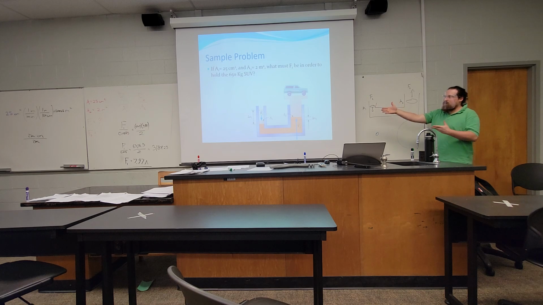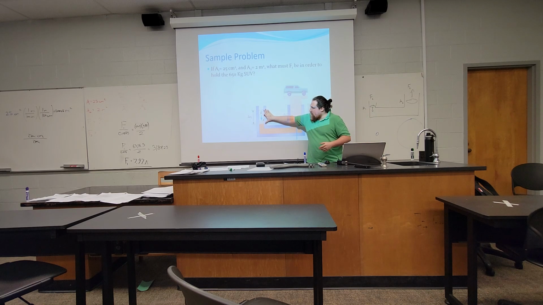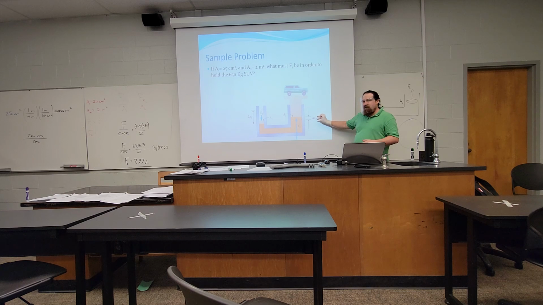And so the picture does try to demonstrate this a little bit. We didn't use any delta X in our math. We didn't need to. But what this is here to show is it would take pushing down on this cylinder by this much to get the other side to rise by this much.